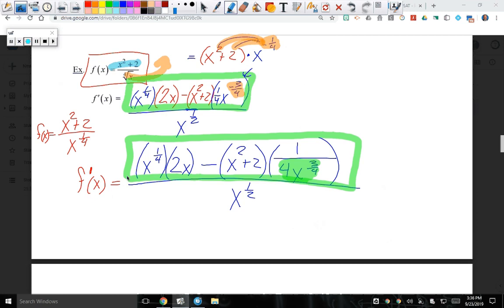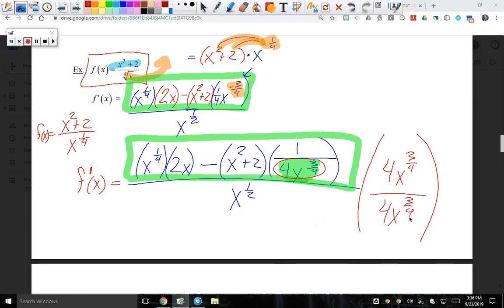You with me? So here we go. We did this way back when we did limits. And I'm going to make it a lot easier for you because we were just doing algebra then. I'm going to multiply by a form of 1. That will cancel out this denominator in the numerator from not being there. You with me? So what's the form of 1? 4x to the 3/4 over 4x to the 3/4. Watch carefully.